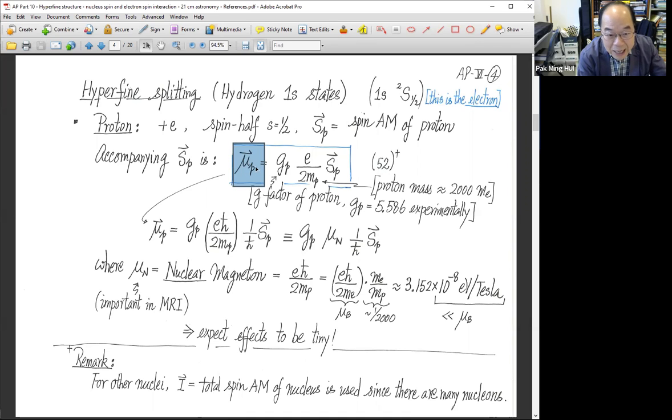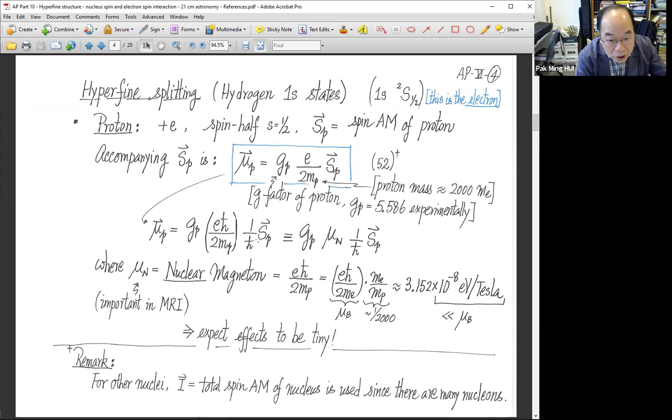Okay, so now let's get some idea. This is a tiny effect. Why so? We know that for the electron, we will hit the electron Bohr magneton. I emphasize that it is something like 10 to the minus 4 eV per Tesla, already very small.